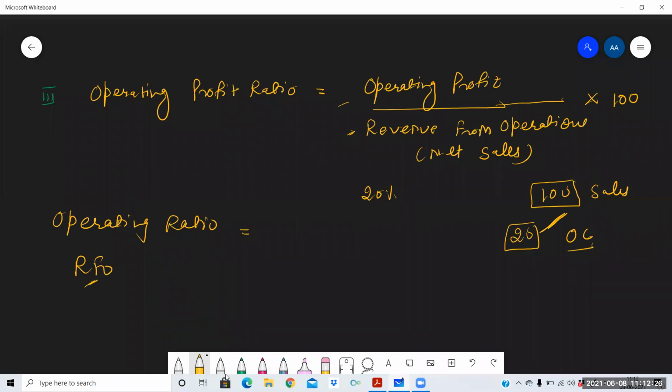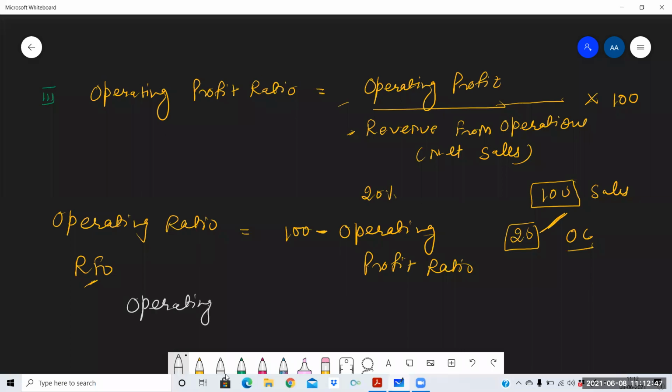Suppose we are taking RFO as 100, so 100 minus operating ratio gives the operating profit ratio. Or alternatively, we can say that operating ratio plus operating profit ratio equals 100.